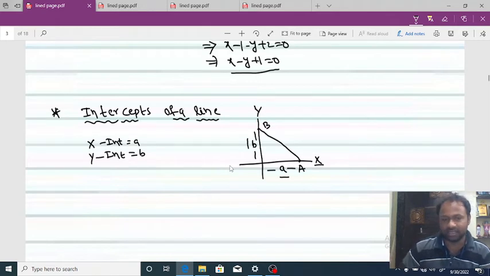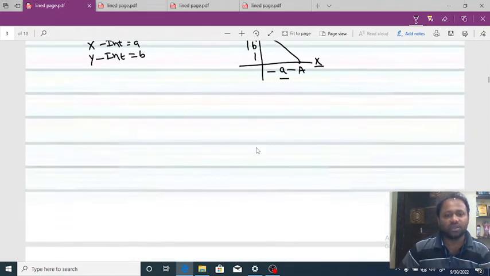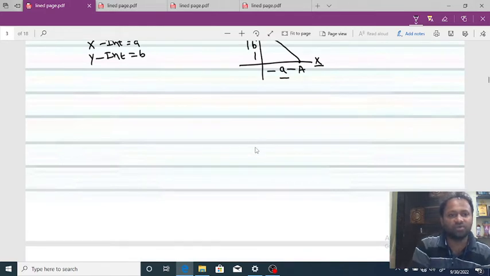Now we are going to see one more straight line form: the intercept form of a straight line.